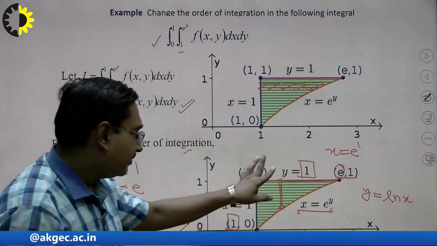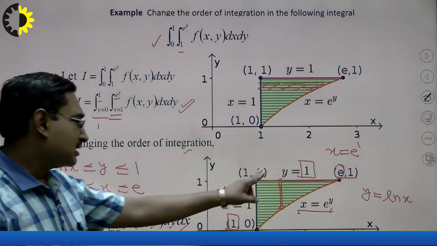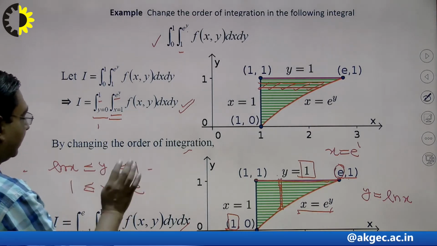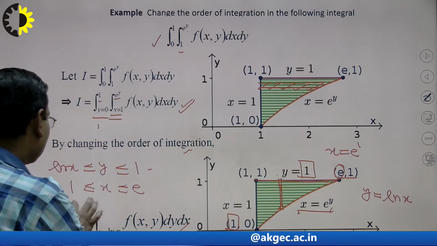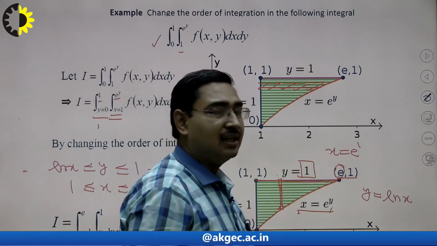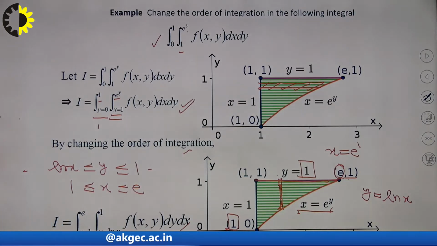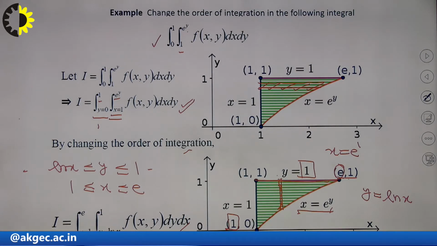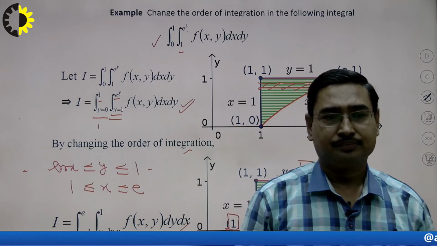With the help of this vertical slice, the limits were again calculated. Because slicing is vertical, the limits of y were calculated from end point equations, and the limits of x were calculated from extreme points of the region. Applying those limits, we obtained the required integral by changing the order of integration.